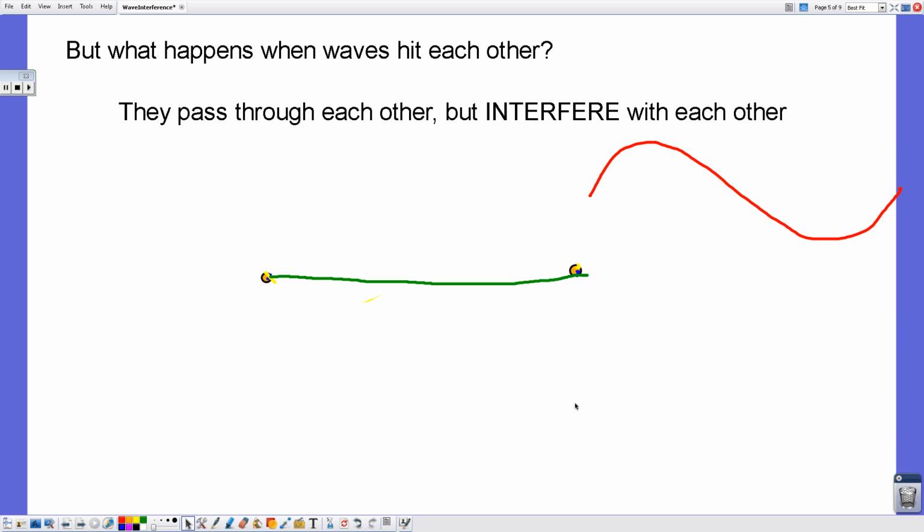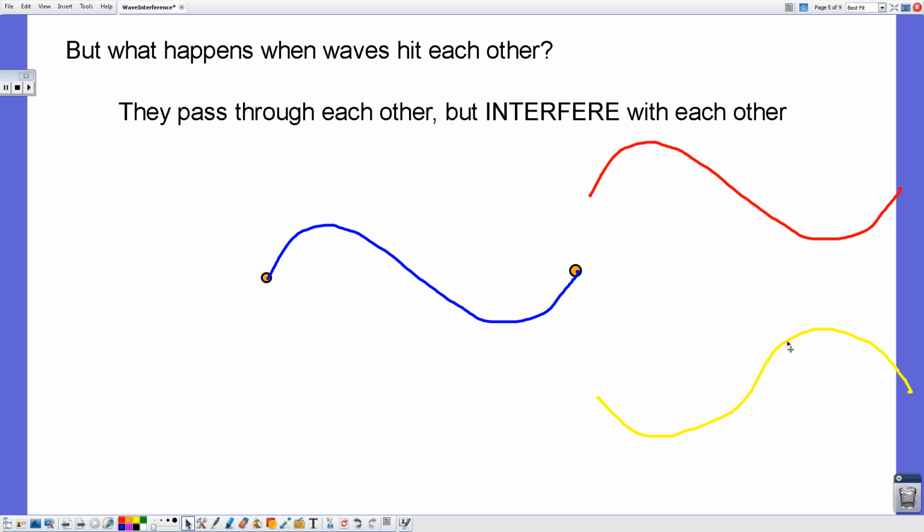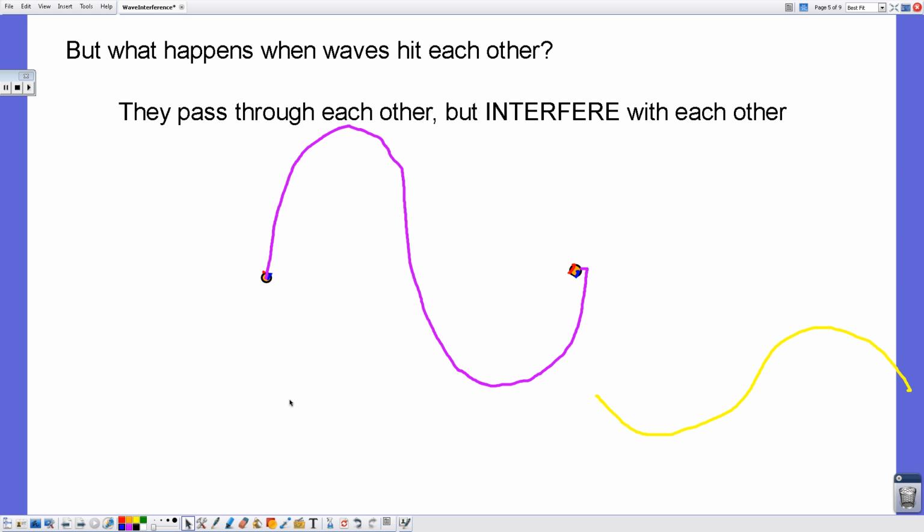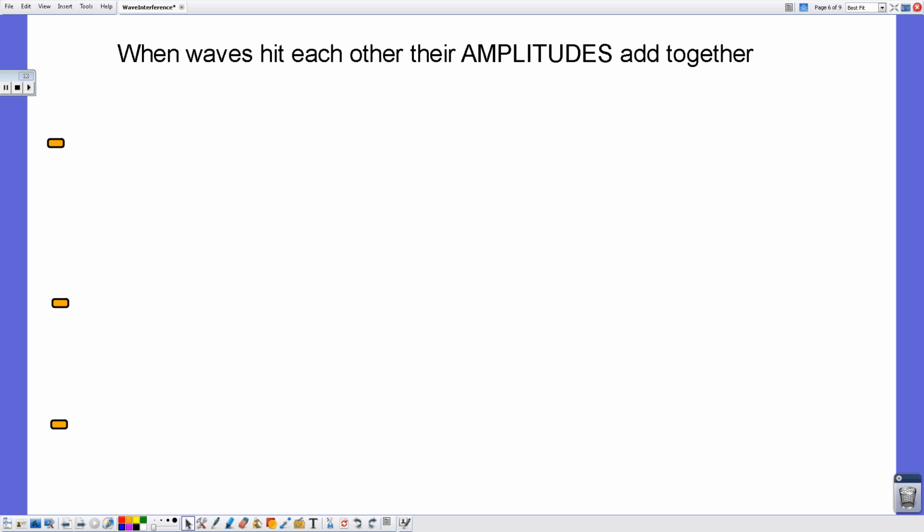It ends up not doing anything at all. As opposed to when it's the red wave and the blue wave, well, then blue is saying, go up, and red is saying, go up. And so the medium says, okay, and does both. It goes up, and then it goes up. All right, awesome. Pretty self-explanatory.